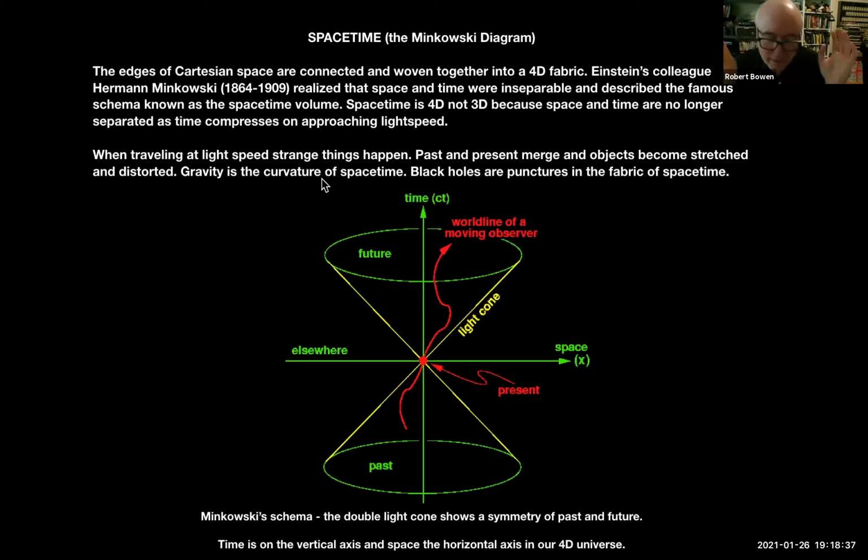This is supposedly the scientific explanation for physical reality, the physical reality that we're photographing, according to the special theory of relativity. And black holes are punctures in this space-time.